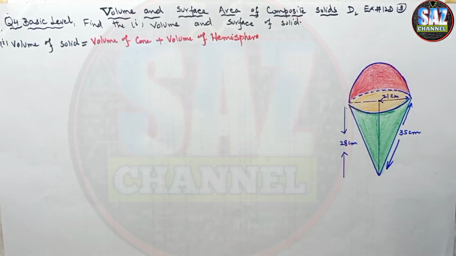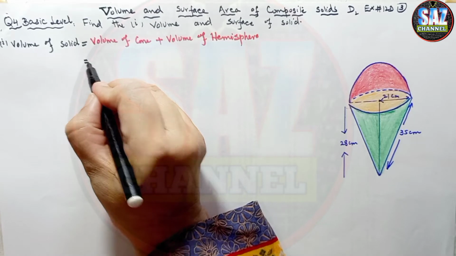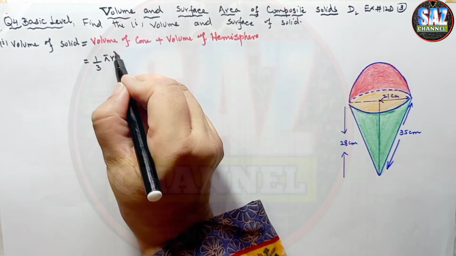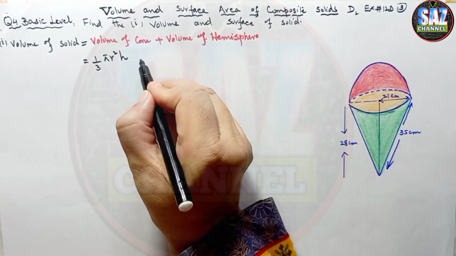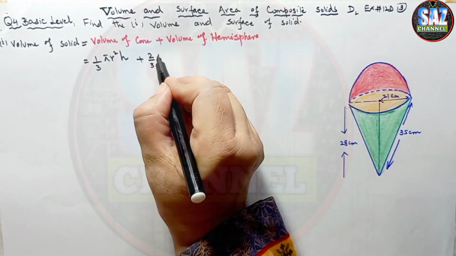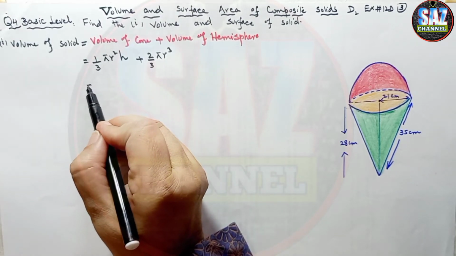Now, for better understanding of this lesson, you should have good command of the formulas of volume and surface area of all solids. The formula for the volume of a cone is 1 by 3 pi r squared h, and the volume of a hemisphere is 2 by 3 pi r cubed.